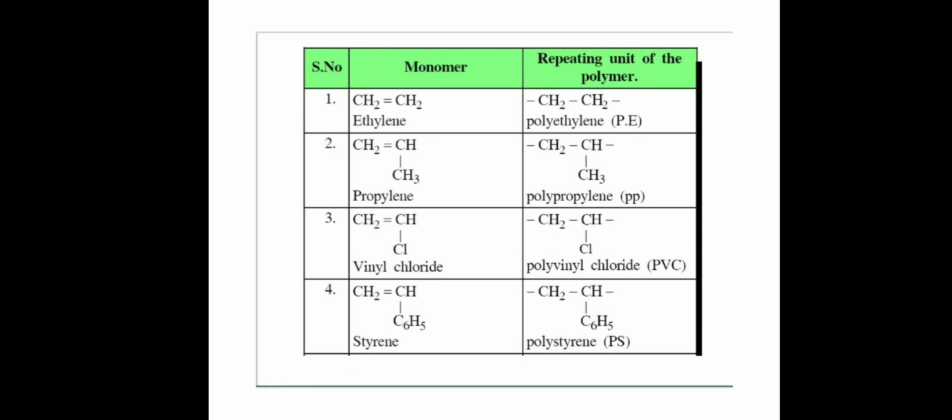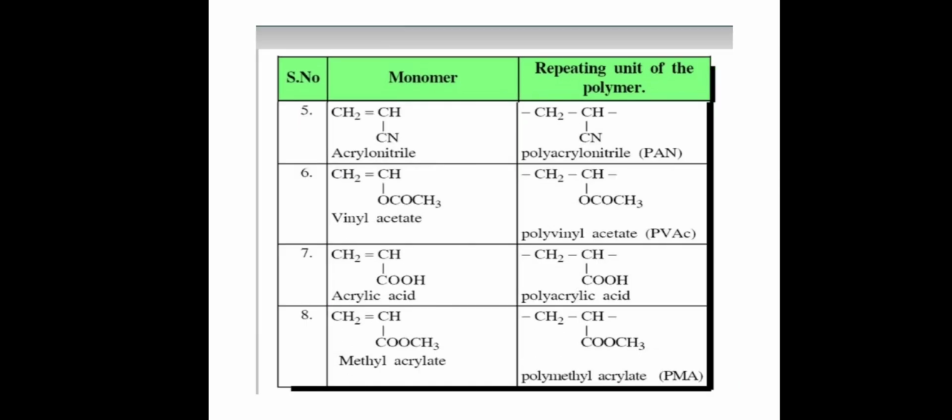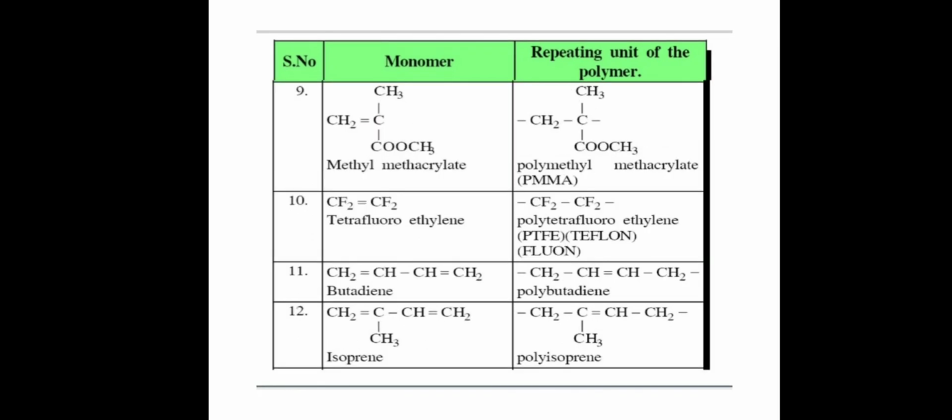So ethylene gives polyethylene, propylene forms polypropylene, vinyl chloride gives polyvinyl chloride, styrene gives polystyrene, acrylonitrile gives polyacrylonitrile, vinyl acetate gives polyvinyl acetate, acrylic acid gives polyacrylic acid, methyl acrylate gives polymethyl acrylate, methyl methacrylate gives polymethyl methacrylate, simply called PMMA.